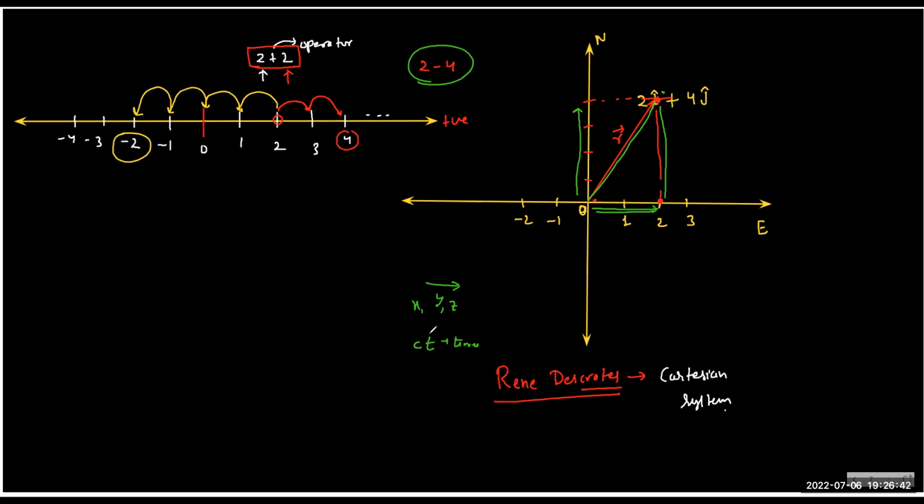So the moment we multiply t with the speed of light, this becomes a dimension. And now these 4 dimensions we call four vectors. I told you that there is something called four vectors in the last lecture. So four vectors are like x, y, z, and time, but time multiplied with the velocity of light.